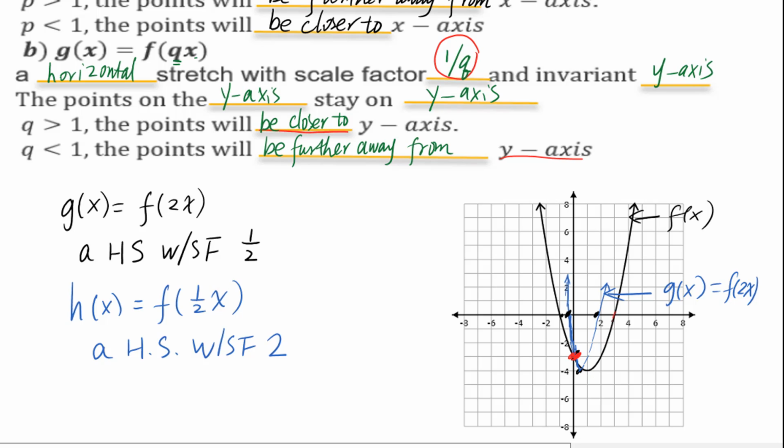So for this x-intercept, 3 will go to 6. This is -1 for the x-intercept, it will go to -2. For the vertex, the distance from the y-axis will be doubled. Go here. Then you can connect these 4 points to get h of x. This graph will be h of x equals f of 1/2 x.